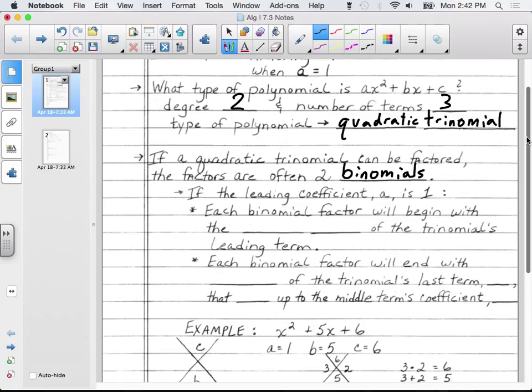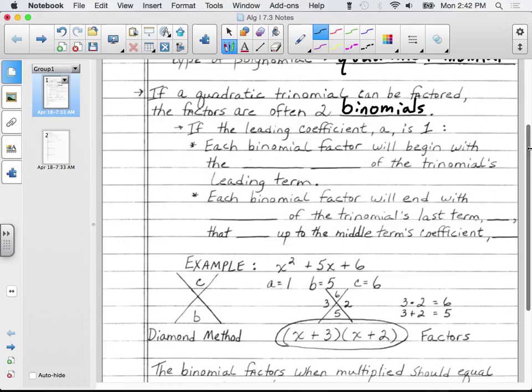If the leading coefficient is 1, each binomial factor will begin with the square root of the trinomial's leading term.